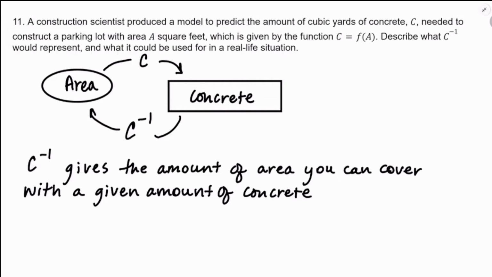Suppose you were doing a concrete job, and you had some left over, right? And I don't think you can just take it home and pave something, but maybe you had a little bit extra, and you're like, hey, what could I pave with all this extra concrete? Basically, it's just a situation where you have an amount of concrete and you want to know how much you can cover. And that would be the meaning of C inverse.